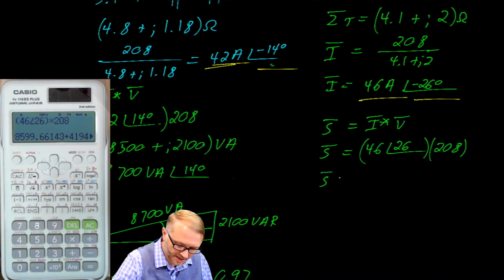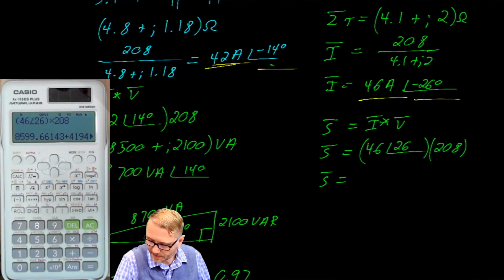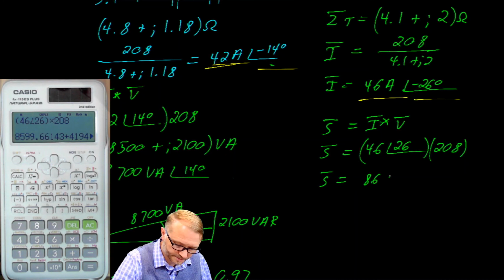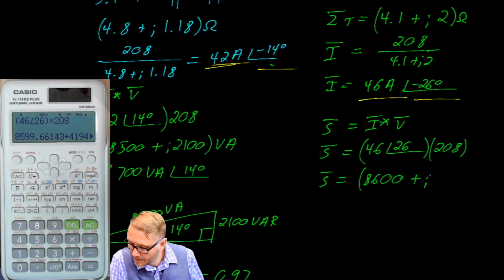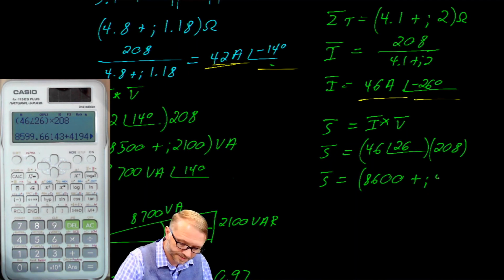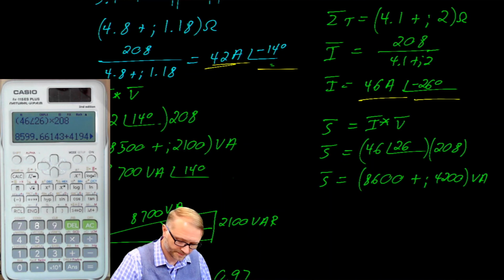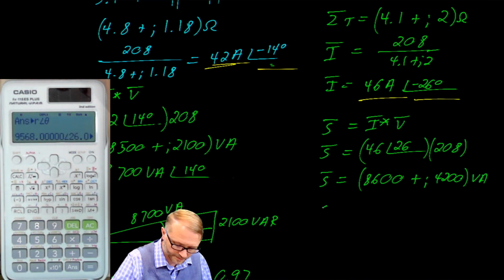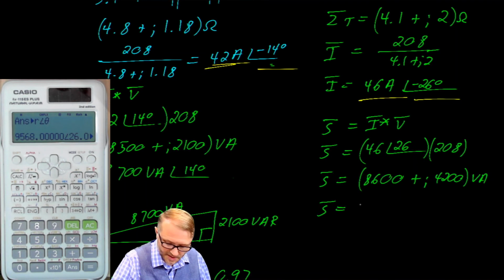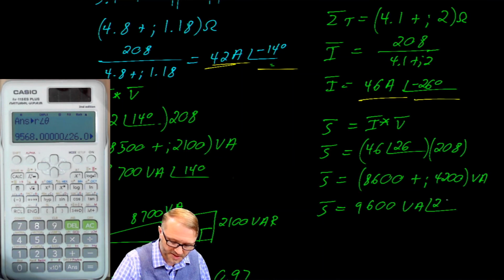So the complex power looks like 8600 plus j4200. And that's VA. In polar form, that is 9600 VA at an angle of 26 degrees.